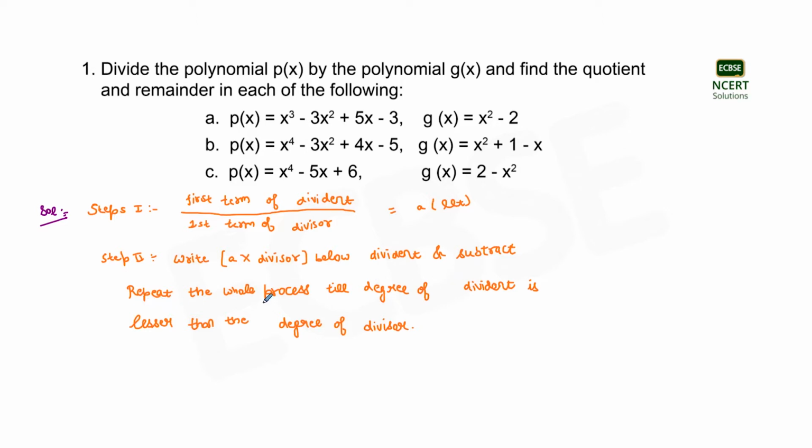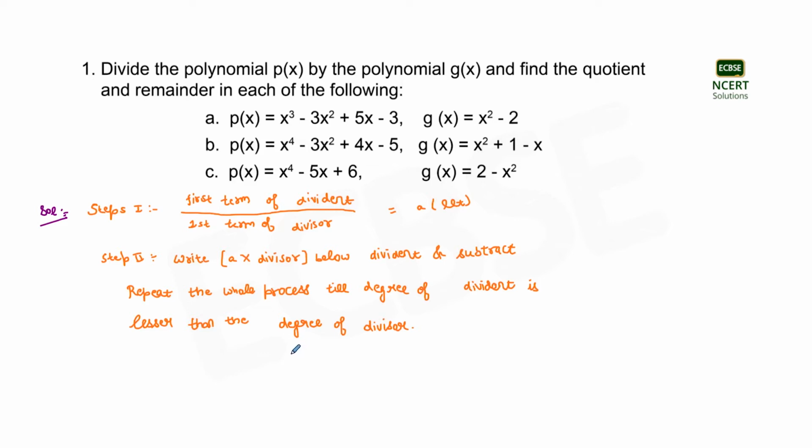and then repeat the whole process till the degree of the dividend is less than the degree of the divisor. What it means is that we will keep on repeating the first step and then the second step, and so on, until the degree of the dividend becomes less than the degree of the divisor.